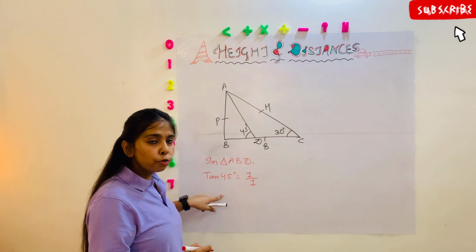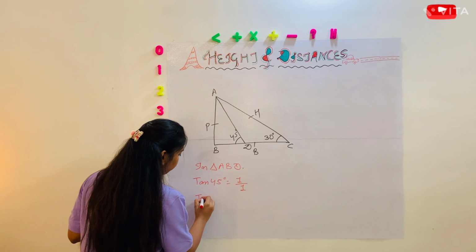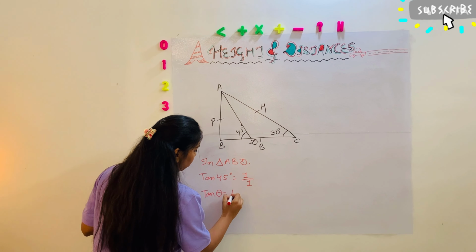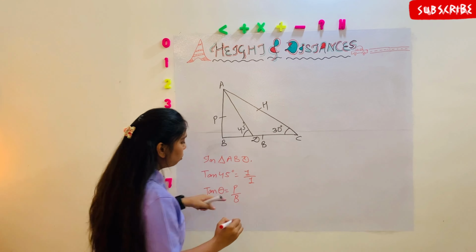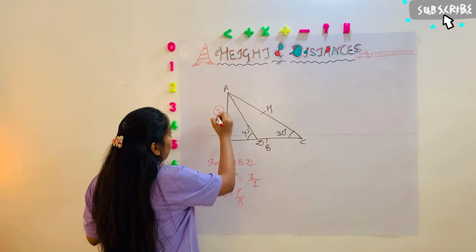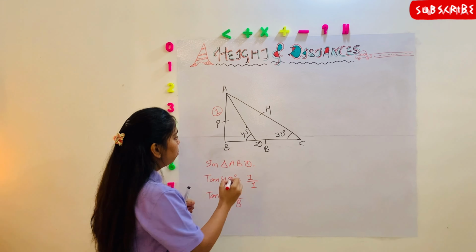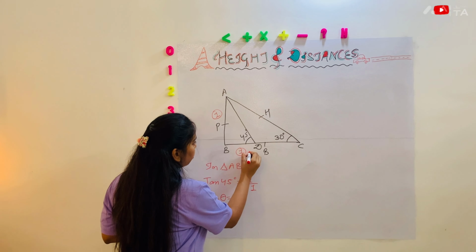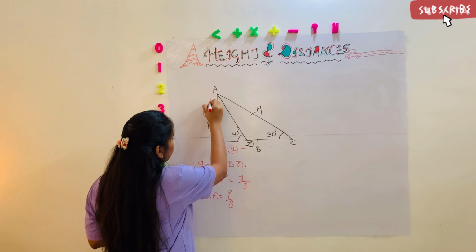And tan theta is equal to perpendicular by base. Okay. So the value of the perpendicular is equal to 1, and the value of the base is also equal to 1.